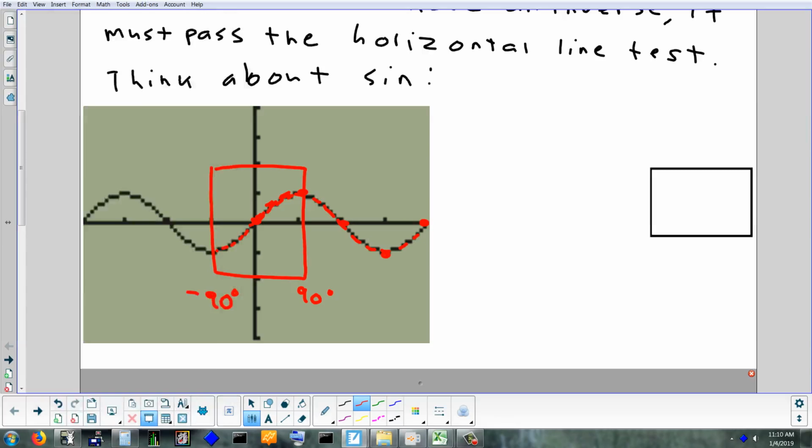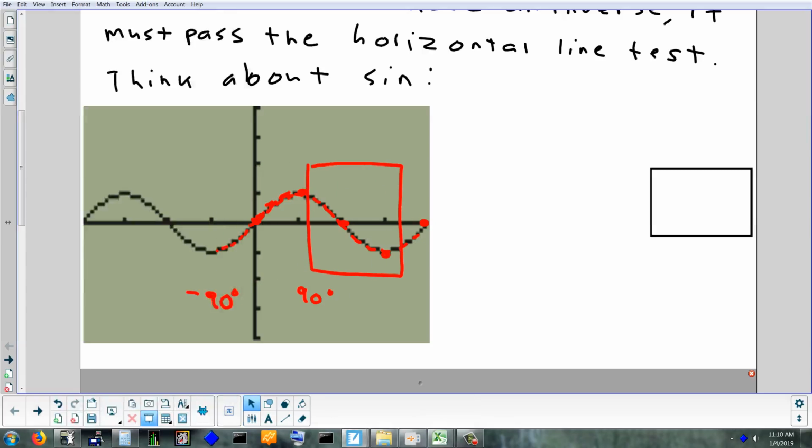And this is the reason why. When you're dealing with an inverse, you've got to focus on a section that passes the horizontal line test. Now, you could have focused on a different section over here. That's perfectly fine, but no calculator does it that way. Every calculator focuses on that section, so that's the section we'll look at as well.